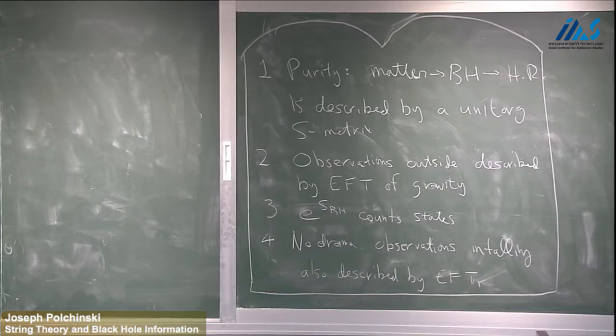It more or less says that the fine-grained entropy can't exceed the coarse-grained entropy, and so 1, to a large extent, implies 3. And with 4, no drama, there are 2 ways that you might imagine it being violated. There's what I'll call fiery drama and quantum drama.